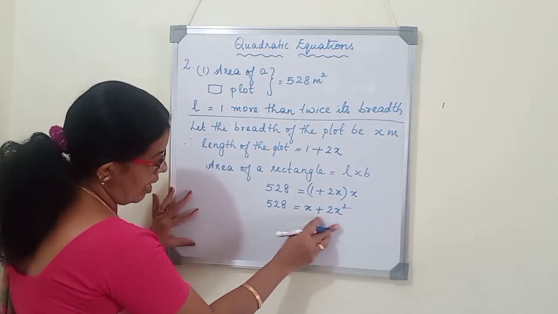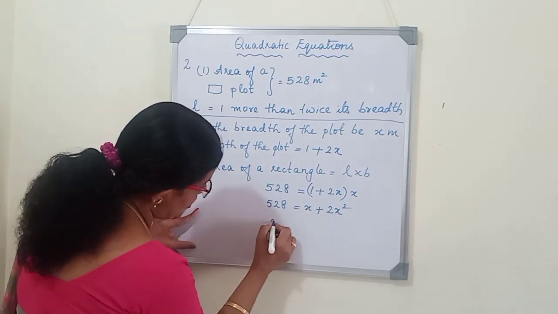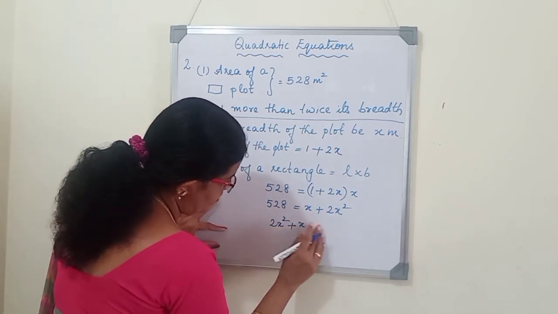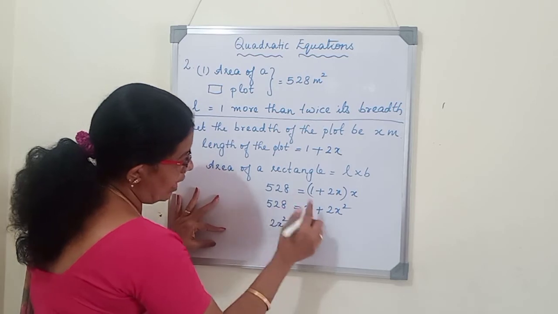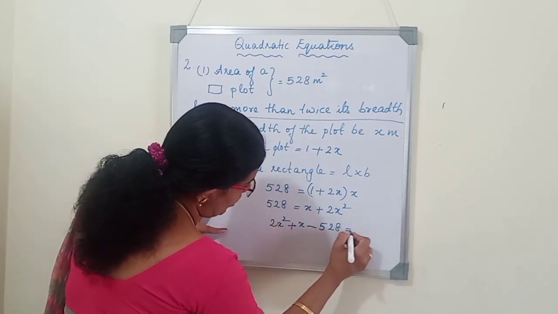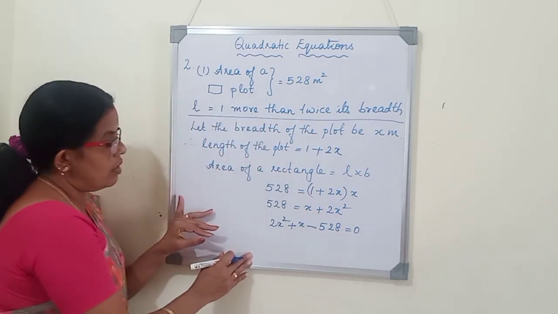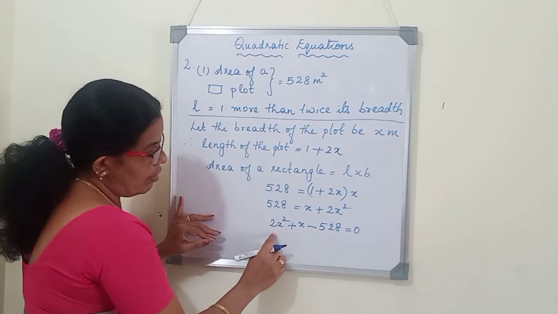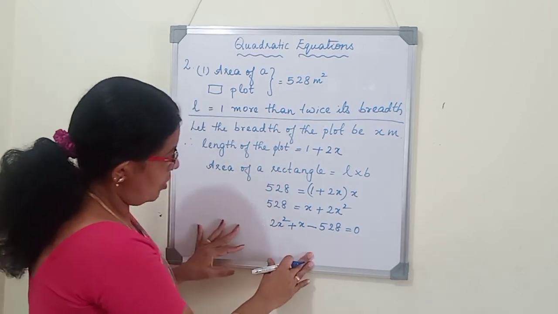When we write it in the standard form, first we will write x square term, that is 2x square. Then we will write x. Then we will write a constant. We will take 528 to the right side. Minus 528 is equal to 0. So, this is how we converted area, length and breadth into a quadratic equation.